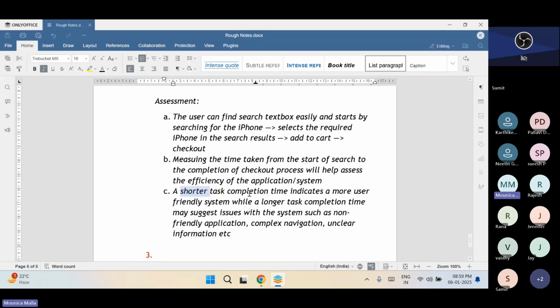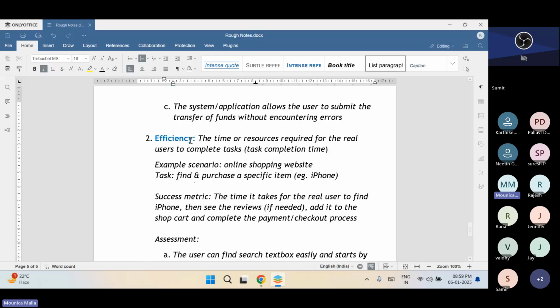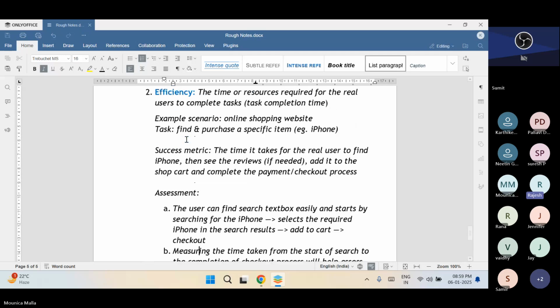There is no benchmark in efficiency, like you should complete the task in less than, let's say, 3 minutes. Here we do comparison with competition applications. If Flipkart is taking 5 minutes and Amazon is taking 3 minutes, then Amazon is more efficient than Flipkart in terms of usability testing. But from a performance testing perspective, 3 minutes is very high again.